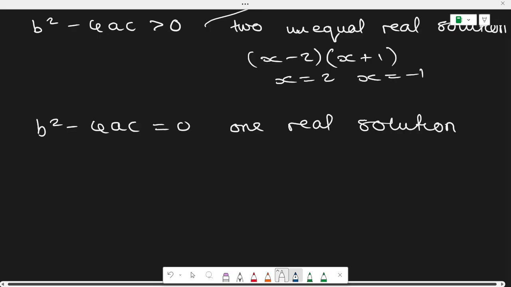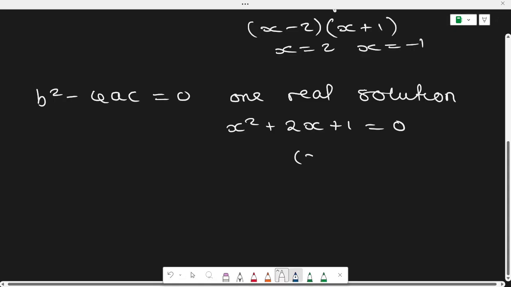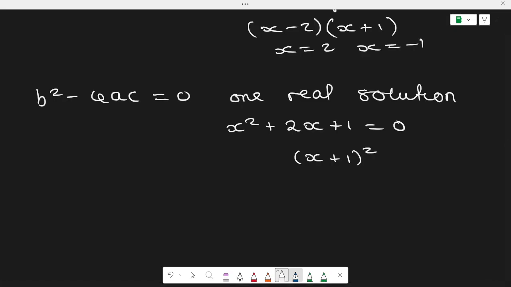You can say, for example, if the quadratic equation was x squared plus 2x plus 1 is equal to 0, you find that the solution that you're going to get is going to be this. And you find that x is equal to minus 1. Okay, so this is one real solution.